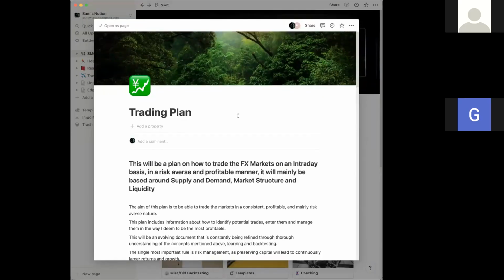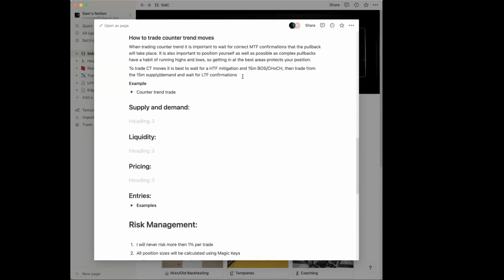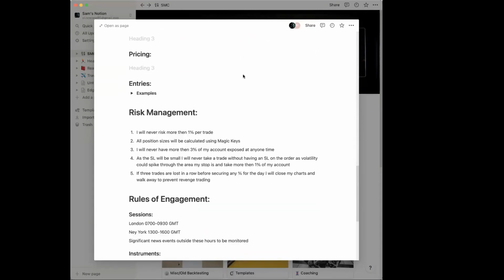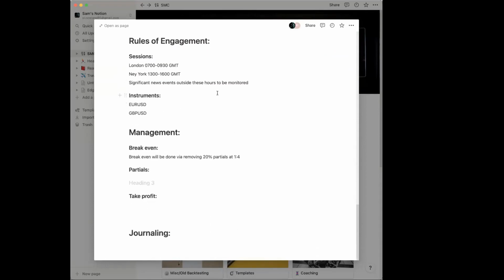Before, this is why I sort of went to flowcharts. My trade plan was this whole complicated thing. Still useful to have, but it's very long, and I didn't really love it that much personally.